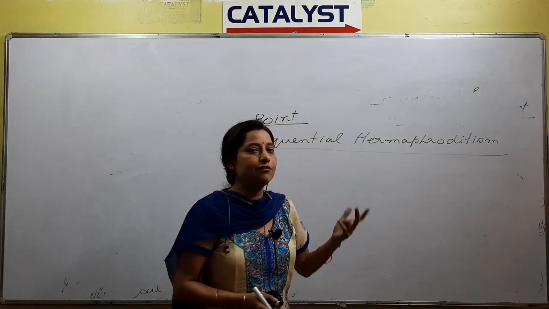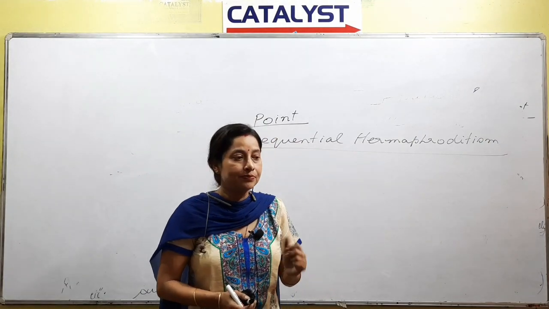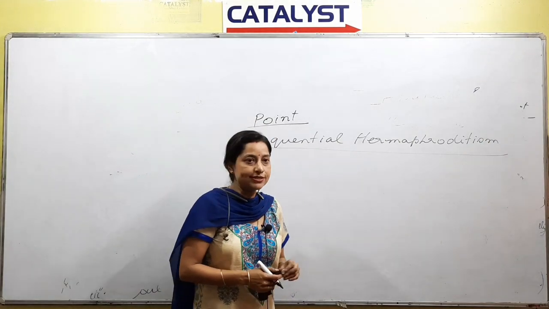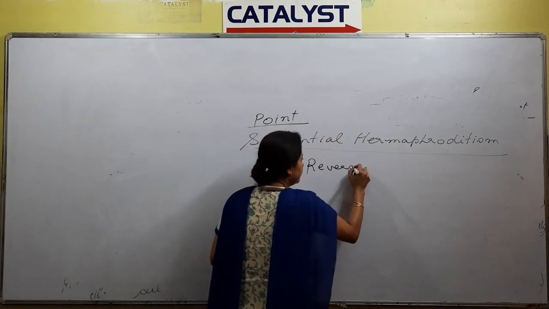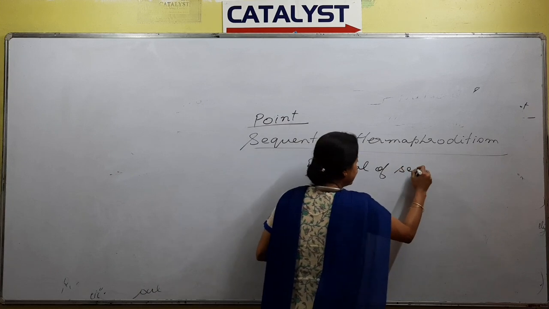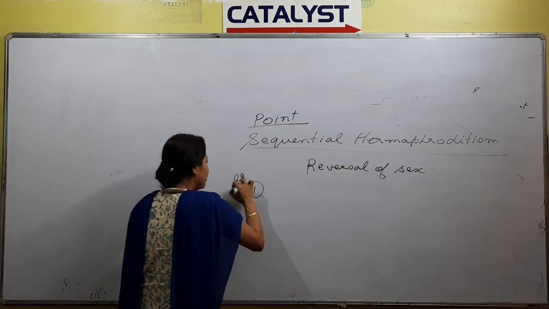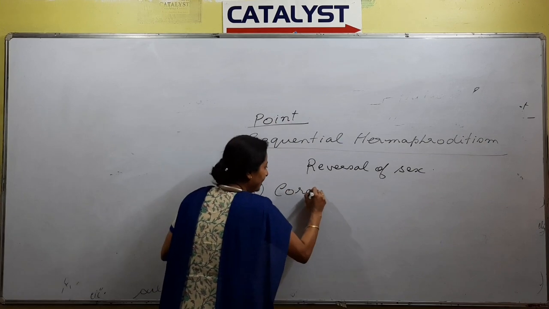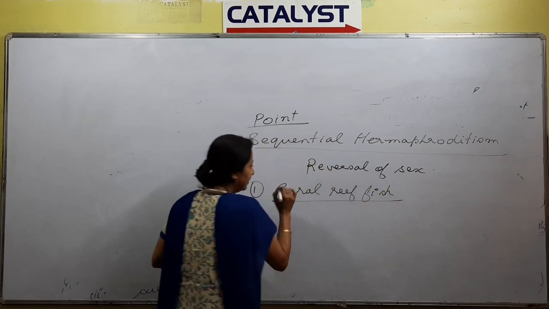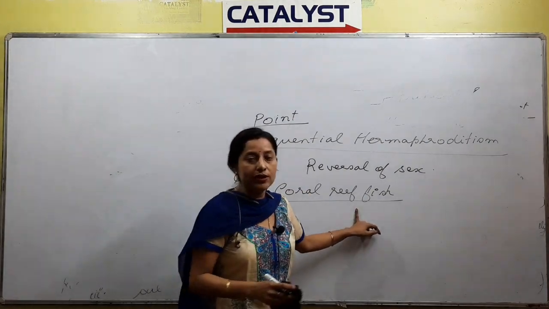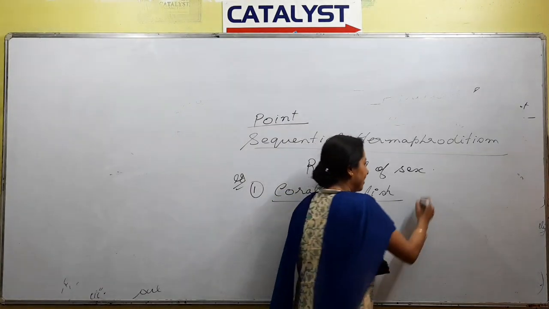That is what is called sequential hermaphroditism. What does that mean? Reversal of sex in the lifespan or life cycle. Do you understand? Reversal of sex. And when we are reading this, we must know two examples. First is coral reef fish, right? This is a fish that lives in a harem. Do you understand harem?